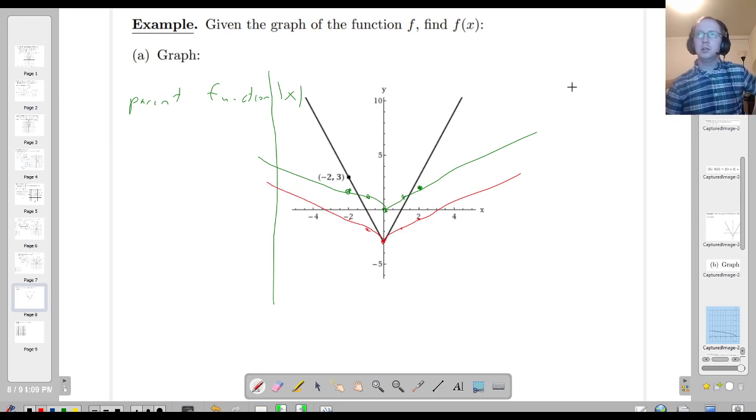Okay, so let's see. I've got absolute value of x. I have a shift down, but then there's still a difference between my graph in red and the one they have in black. The one in black is much steeper than the one I have. So the way I want you to think about finding stretches and shrinks is by comparing the steepness.